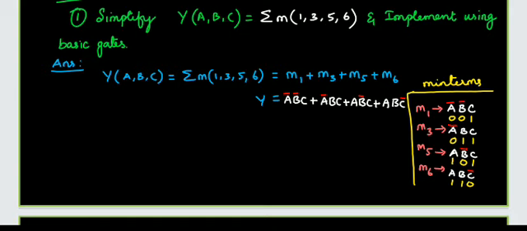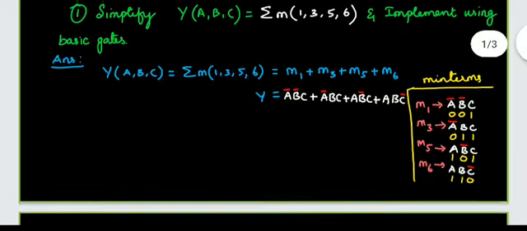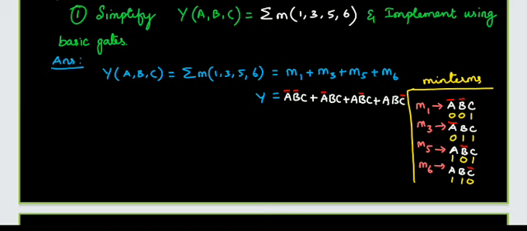So 0, 0, 1 means a bar, b bar, c, that is m1, and m3 is 0, 1, 1, which means a bar, b, c, and m5 means 1, 0, 1. 1, 0, 1 means a, b bar, c, and m6 means 1, 1, 0. 1, 1, 0 means what we need to write? a, b, c bar.